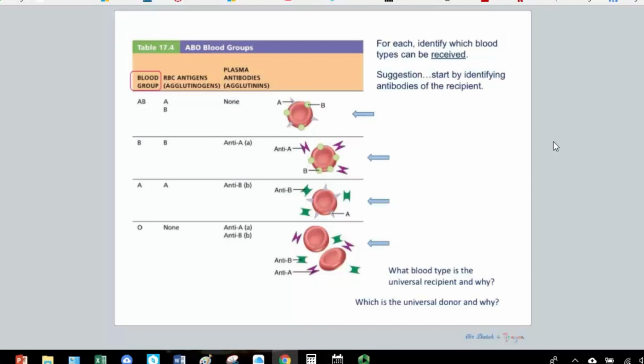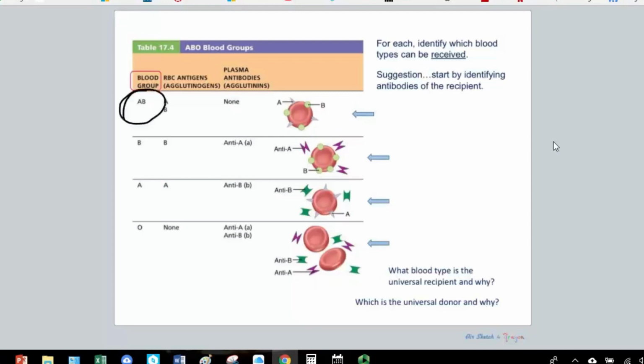Okay, so this is something that you guys can look at and work on, and we'll go over it in class before we do the blood typing lab. But here we have our blood groups. These are the antigens on there. There's the antibodies, so you guys understand all of that. And what I want you guys to do is, for each individual, go down and tell me what blood types each individual can receive blood from.